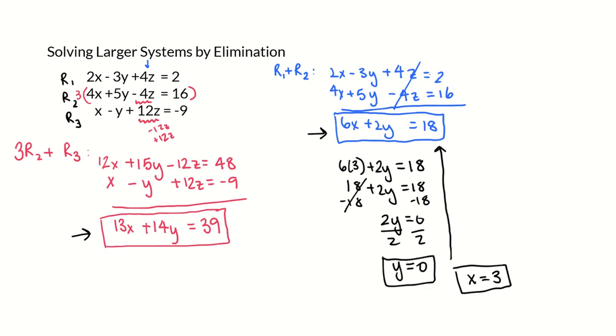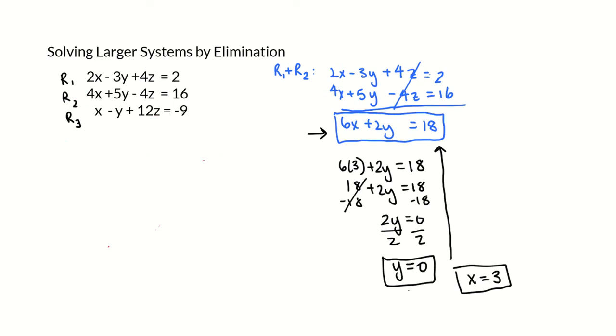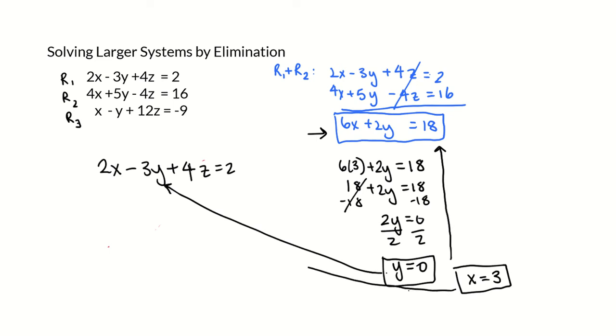So now we have x and y, and we're going to substitute back into one of the original 3 variable equations to get z. So let's substitute into the first one, row 1. So row 1 was 2x minus 3y plus 4z equals 2. And we're plugging in y equals 0 and x equals 3.